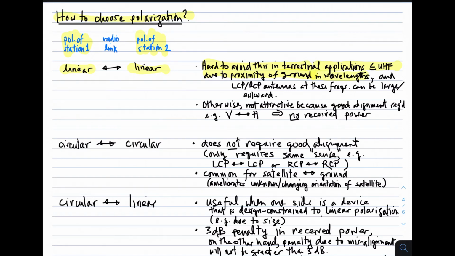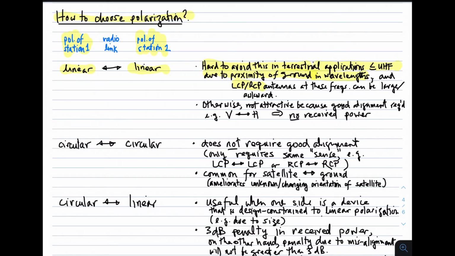So if the ground is within a few wavelengths, it's very difficult to avoid using either vertical polarization or horizontal polarization. And furthermore, circularly polarized antennas at these frequencies tend to be large and awkward. For example, if you need two dipoles, well, that's a lot bigger and more awkward at these frequencies than a single linear antenna.